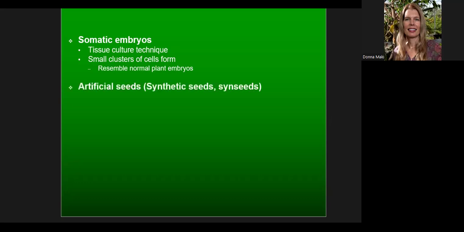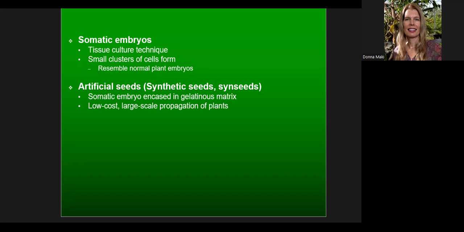And then what they did was they took the somatic embryos and created artificial seeds off of that. So here you have the somatic embryo. Once they get that, then they cover it to protect it with this gelatinous matrix. And then they refer to that as an artificial seed or synthetic seed. Synseed is another cute little jargon word for that.